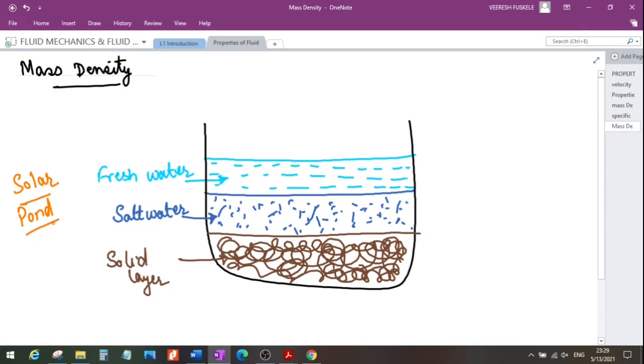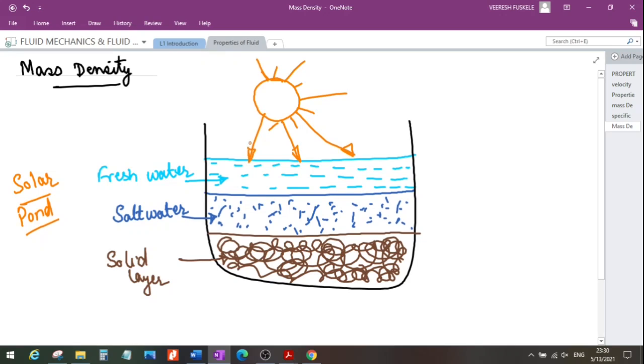So this is how the solar pond looks, and as you can see from the figure, a solar pond consists of a layer of fresh water on the top of a layer of salt water, and as we are talking about a solar pond, there will be sun rays falling on it, right?